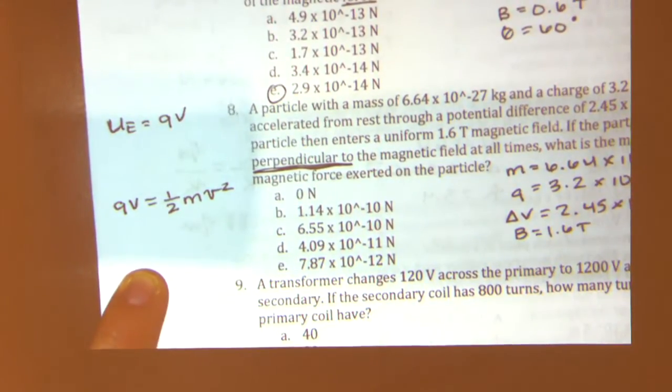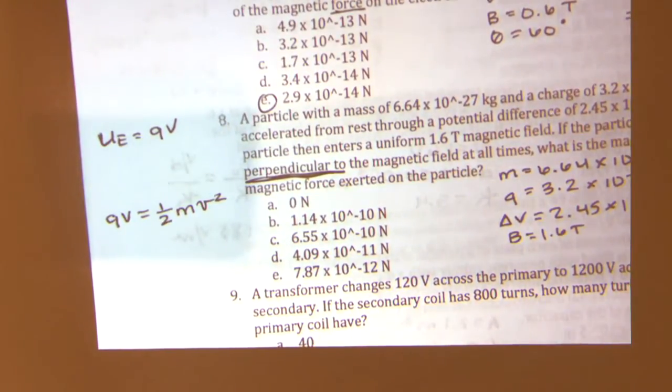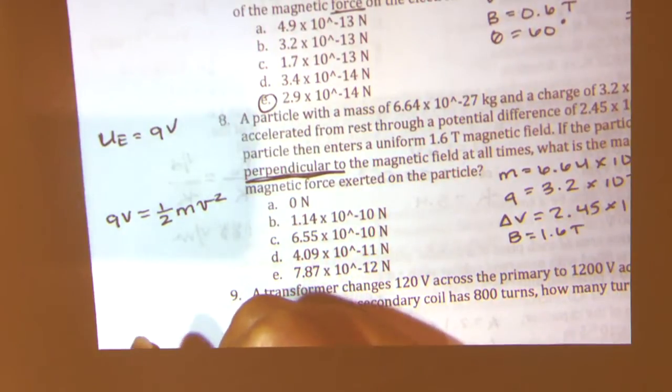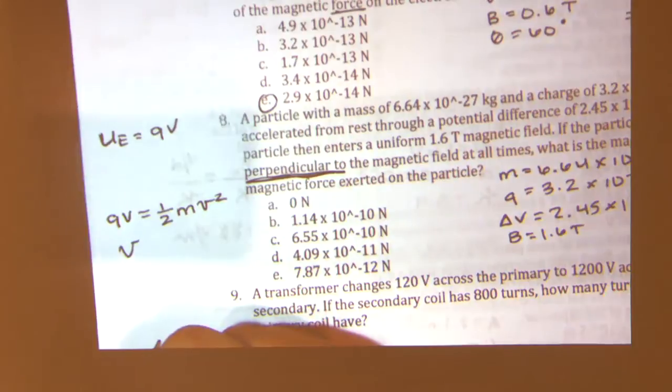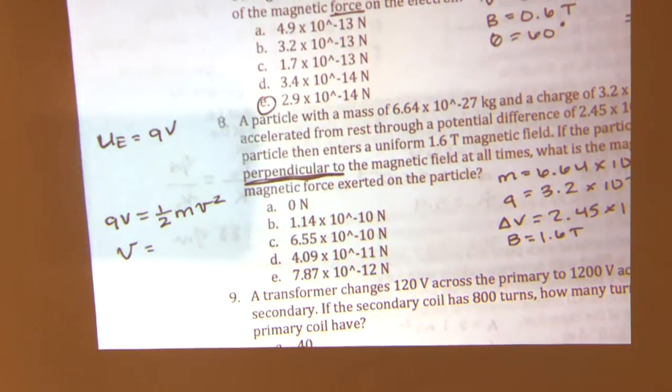And what were we solving for again? The magnitude of the magnetic force exerted. So we are actually going to be solving for V. Yeah, because they didn't give us the velocity. So that's what we need to solve for.